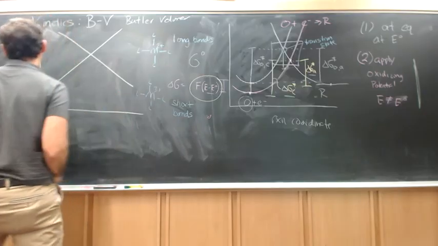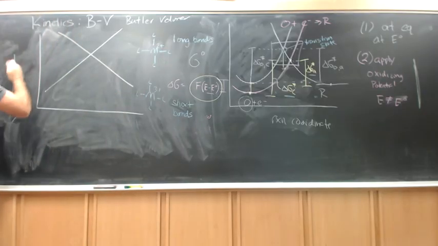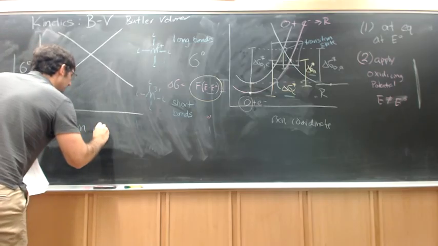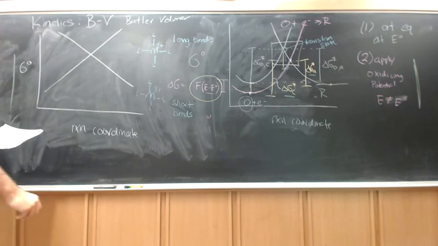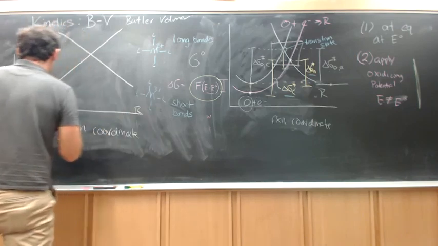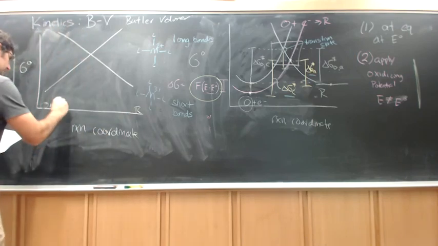Okay, so we're zooming into that area. And this is, of course, G naught again. And this is the reaction coordinate. On this side, we have R, O plus an electron.